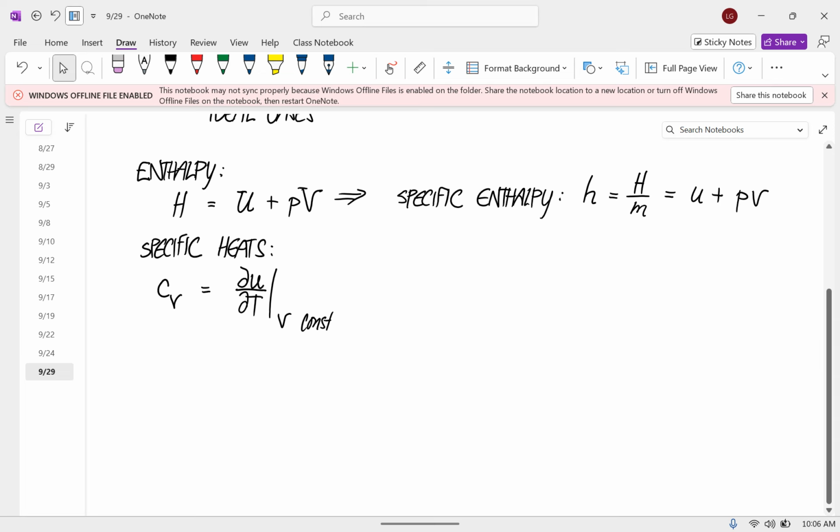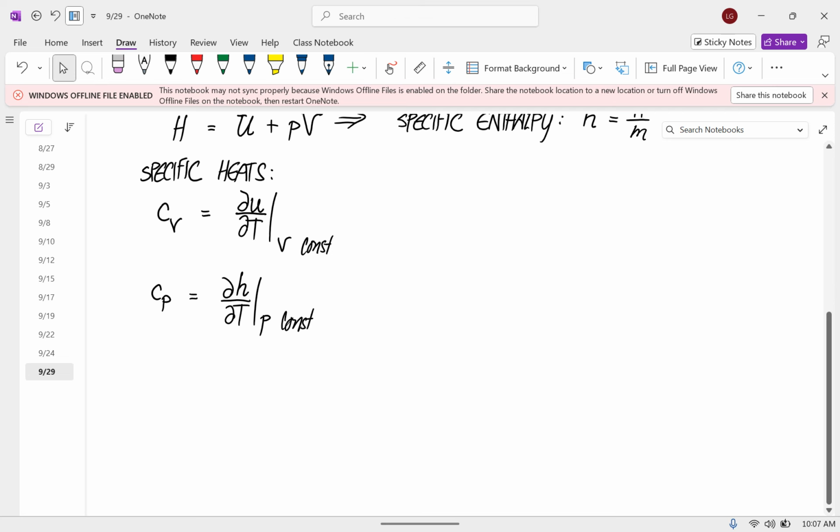And then the second one is the constant pressure specific heat, C sub P, and that is the partial derivative of the specific enthalpy with respect to temperature calculated at a constant pressure. So that's just a reminder of where we are.